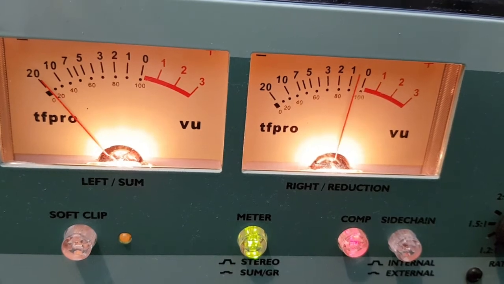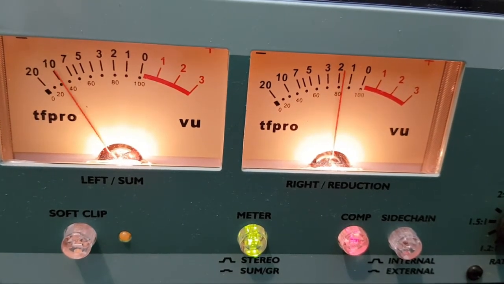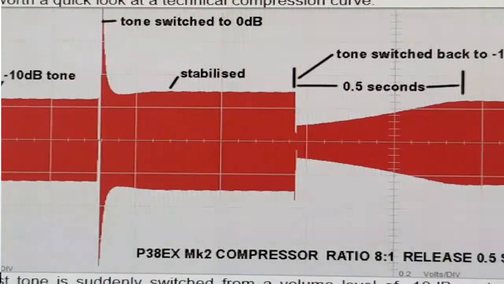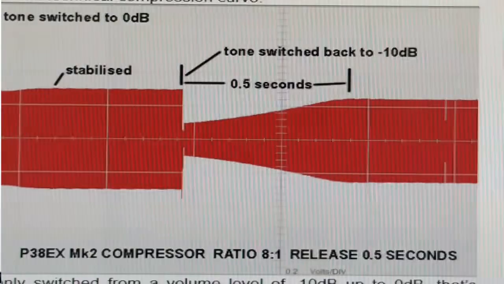The volume of sound needs to be increased for low volumes and decreased for high volumes, and to make the process sound natural, the timing of these changes is really critical. A test tone is suddenly switched from a volume level of minus 10 dB up to 0 dB. That's multiplying it by 3.